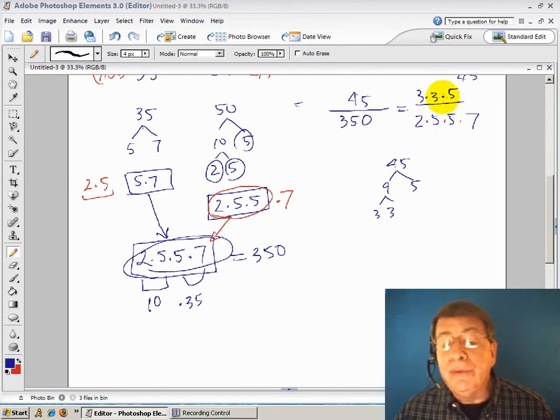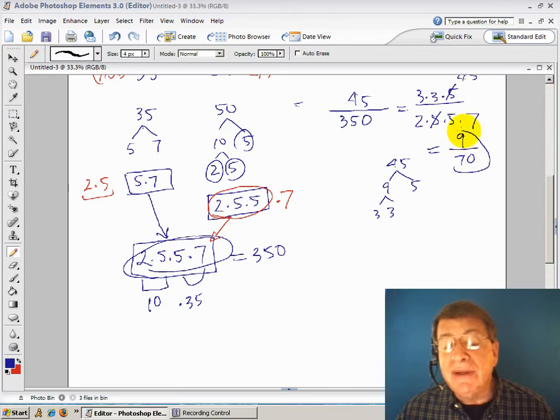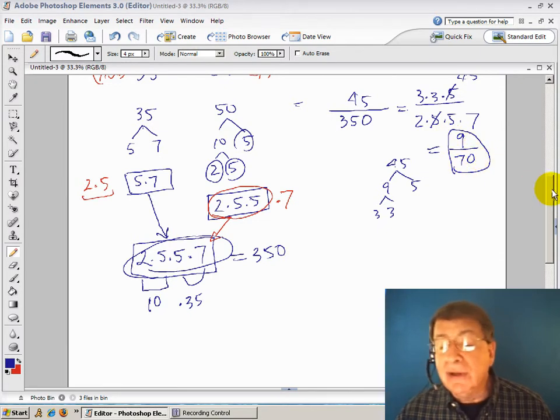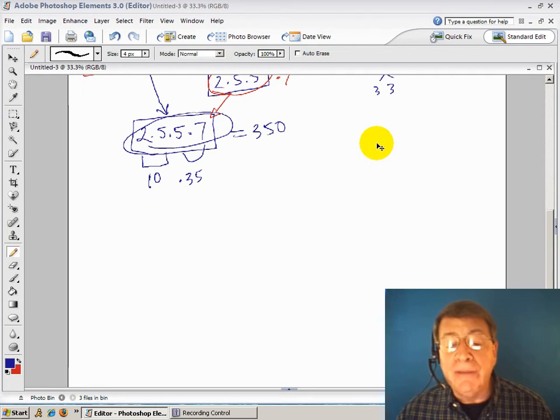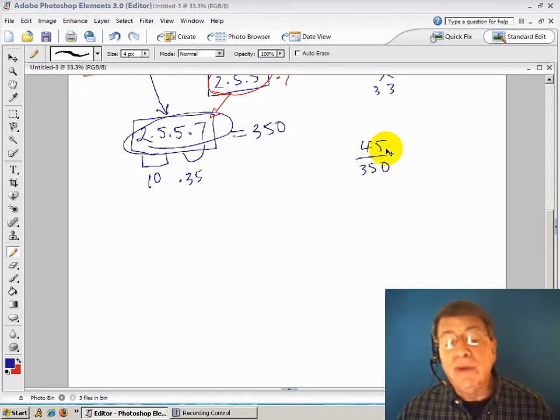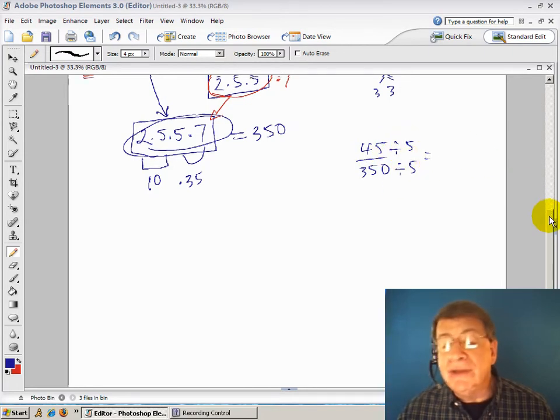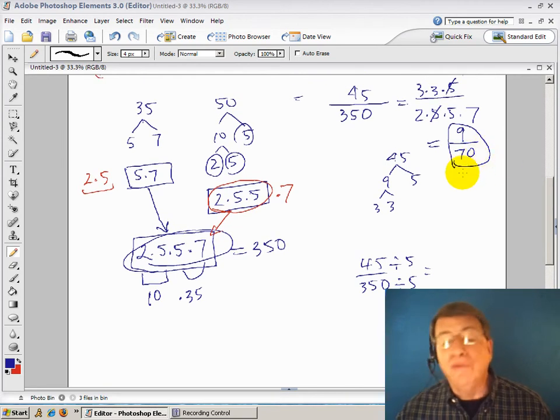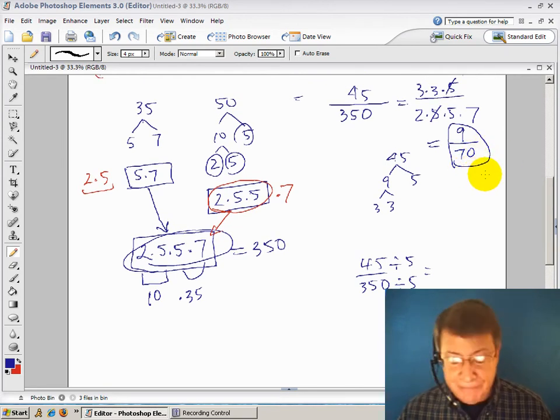Now, let's see, the 3's will not cancel, but I do see a 5 here. We'll cancel with this 5, and I get 3 times 3, which is 9, divided by 2 times 5, which is 10, times 7 makes 70, and that should be my final answer. Now, if I wanted to take 45 350ths and divide top and bottom by 5, I'll bet you we get the same answer of 9 over 70 as my final answer.